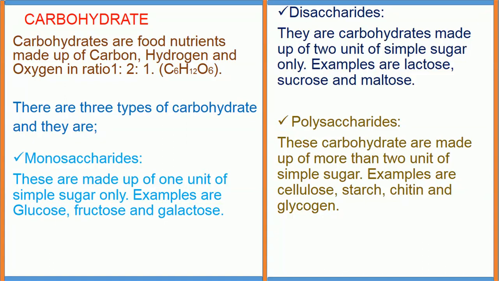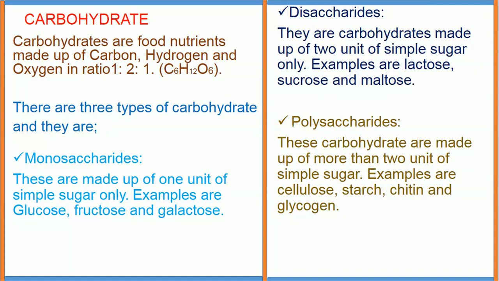Now carbohydrates are food nutrients made up of carbon, hydrogen, and oxygen in a ratio of 1:1. That means we have 6 carbon, 12 hydrogen, and 6 oxygen. This is a formula for carbohydrates. Now there are 3 types of carbohydrates and they are monosaccharides, disaccharides, and polysaccharides.